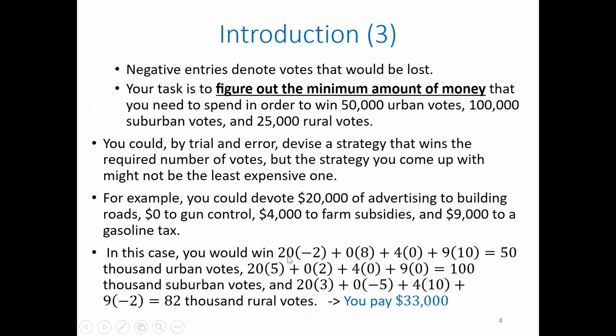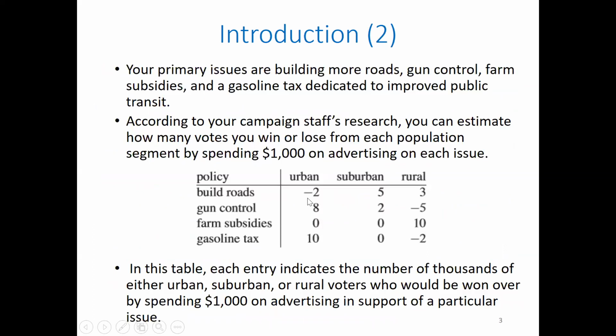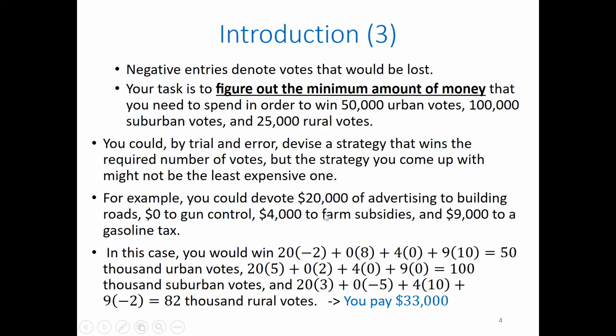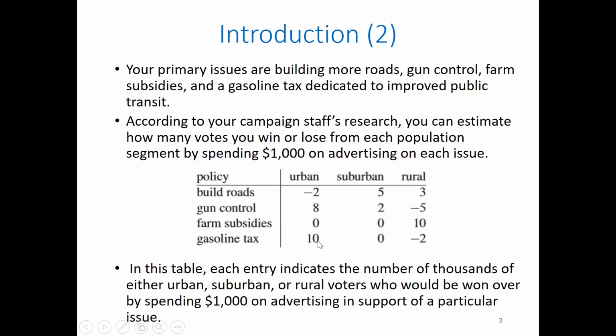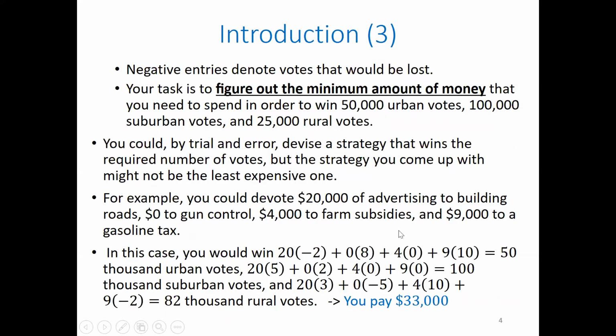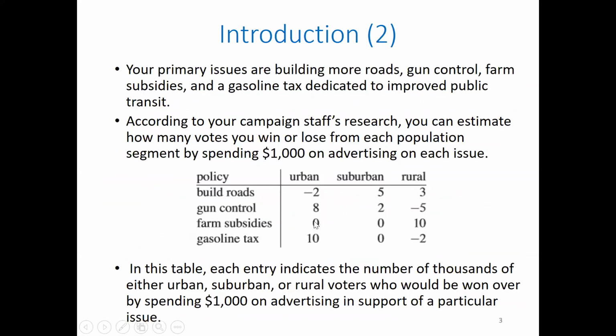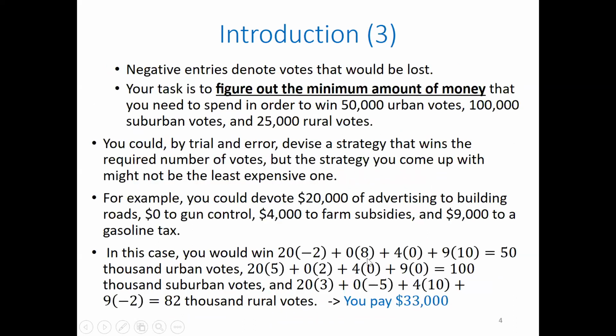So basically I'm going to spend 20,000 times -2. If I spend 20,000 on building roads in the urban section, I would get this, and no gun control, so 0 times 8, and 4 times 0. I won't get any votes if I talk about farm subsidies in urban areas, because people in the city don't care much.